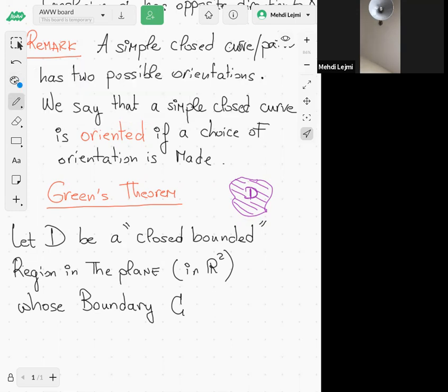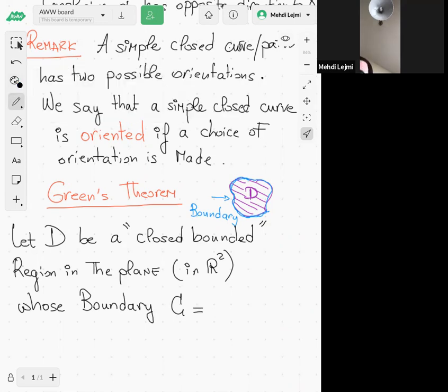So if you take the boundary of this region, this is the boundary of your region D. If you have a closed bounded region in the plane, the boundary would be some curve, or curves.